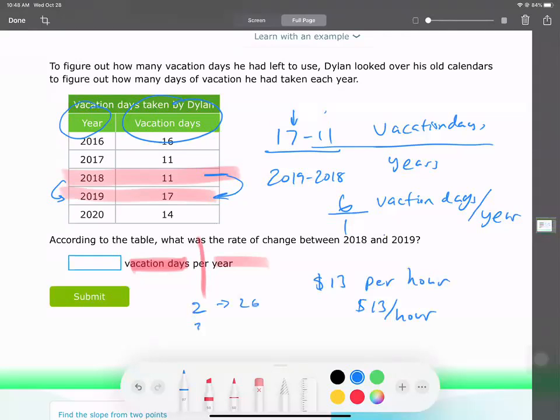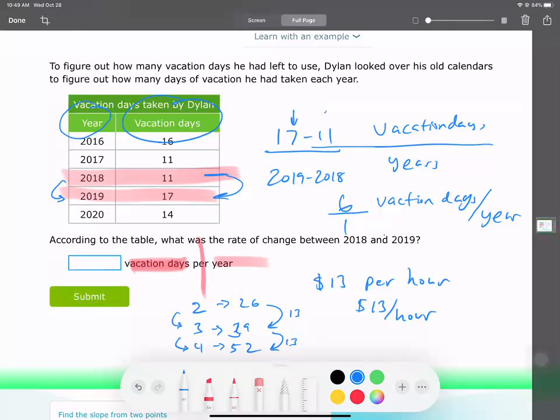But what if you work 3 hours? Isn't the rate of change $13 for every hour you work? That means you have $39. How about if you work 4 hours? Well, again, another hour means another $13. So that's your rate of change. That's $52. Wow, you can be making a lot of money working at Old Navy. No joke, this is one of my students. He works there. That's how I was thinking about it.